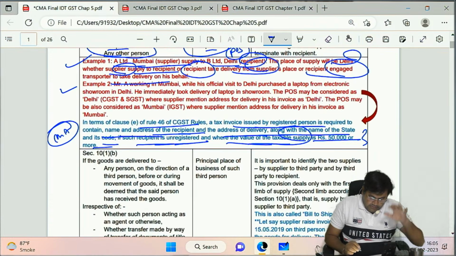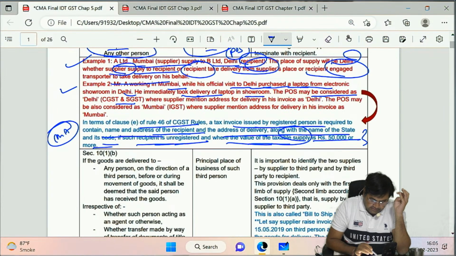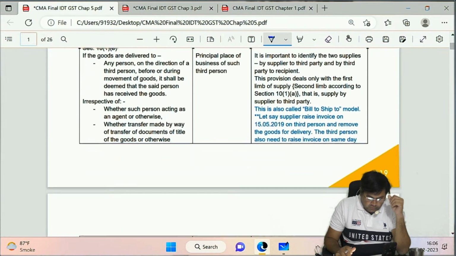Example 2. Mr. A working in Mumbai, while on an official visit to Delhi, purchased a laptop from an electronics showroom in Delhi. He immediately took delivery of the laptop in the showroom. The POS may be considered as Delhi, CGST and SGST, where the supplier mentions the address for delivery in his invoice as Delhi. The POS may also be considered as Mumbai, IGST, where the supplier mentions the address for delivery in his invoice as Mumbai. So I also interlinked this with this so that you don't forget. Any doubt?